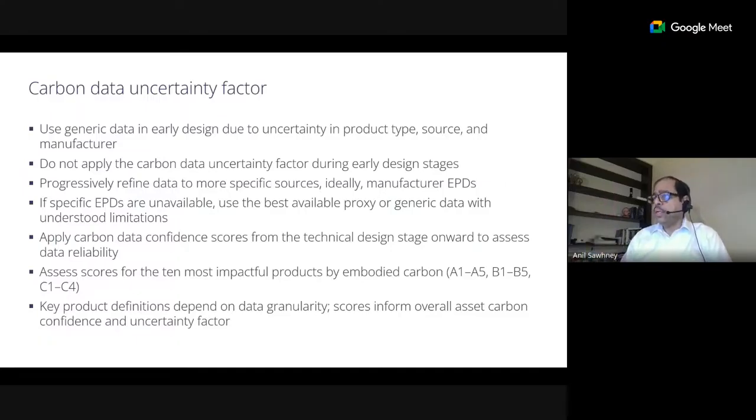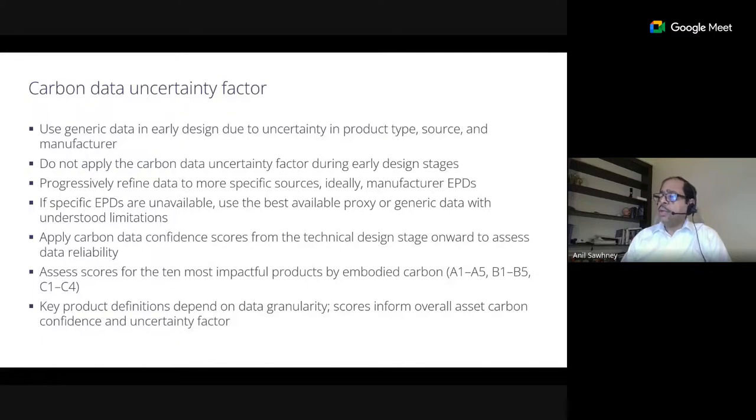So use generic data in early design due to uncertainty in product type, source, and manufacturer. So let's say you are in preliminary design stage, you wouldn't know who is the manufacturer of the windows, for example, or the doors or the tiles.